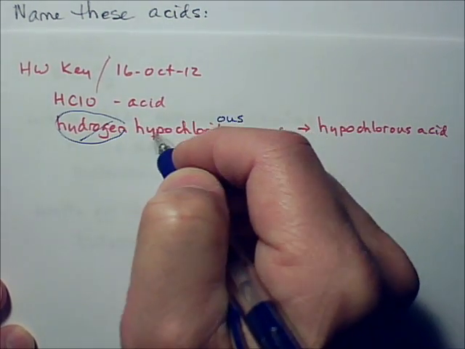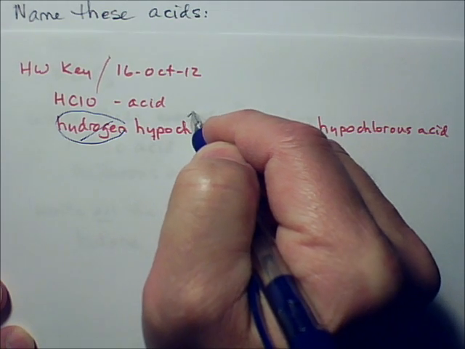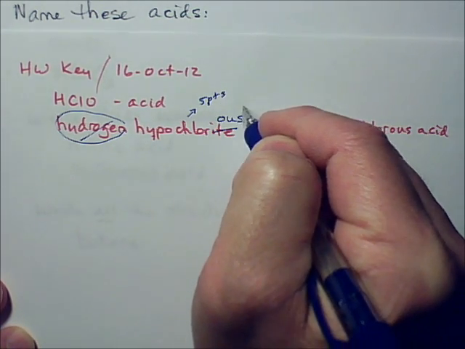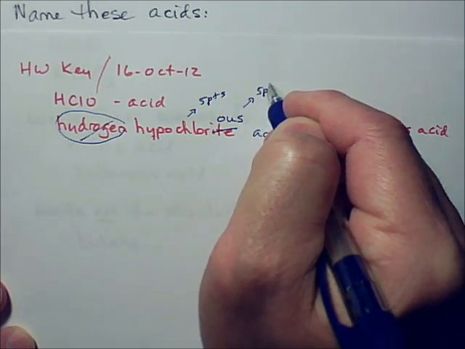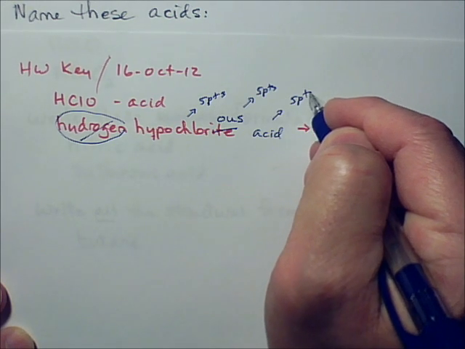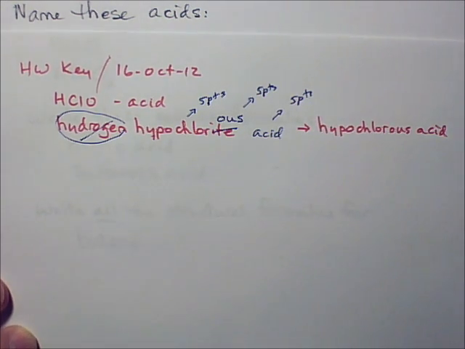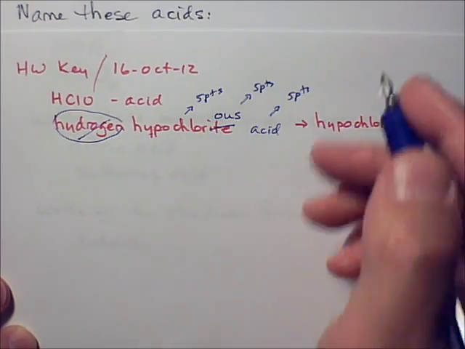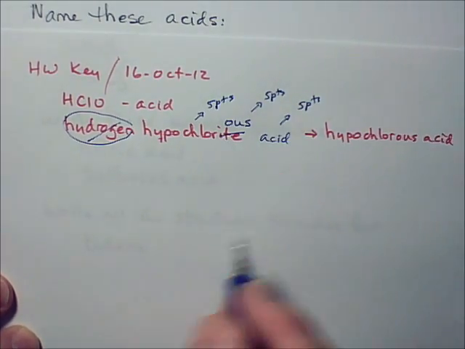Let's say that the hypochlor part is worth 5 points, the suffix OUS is worth 5 points, and the word acid is worth 5 points.